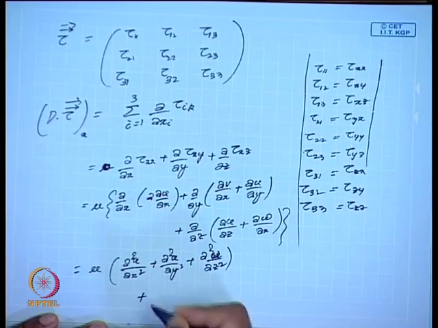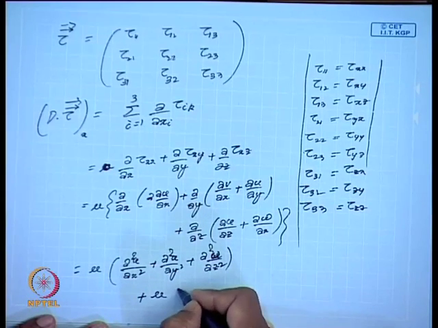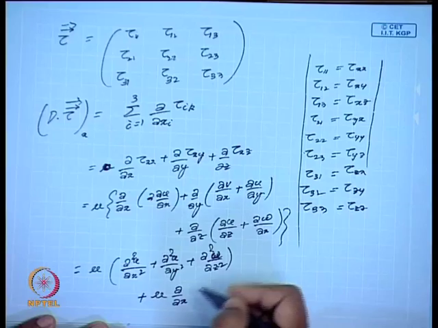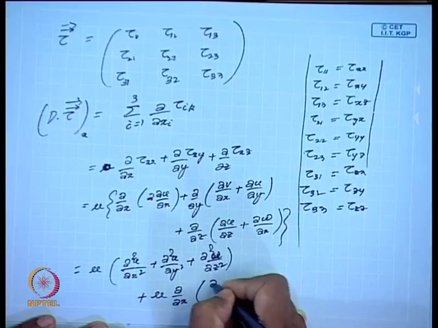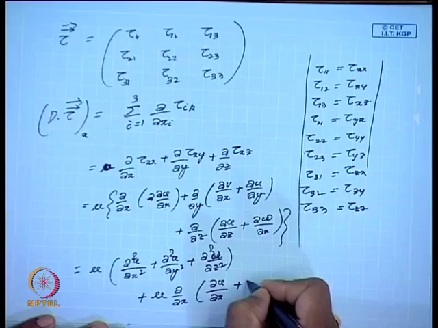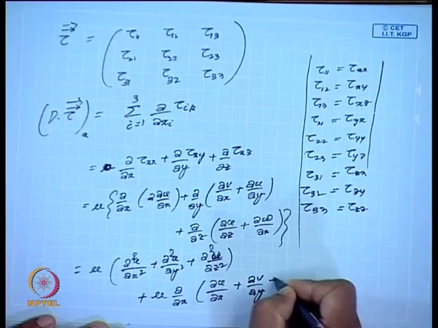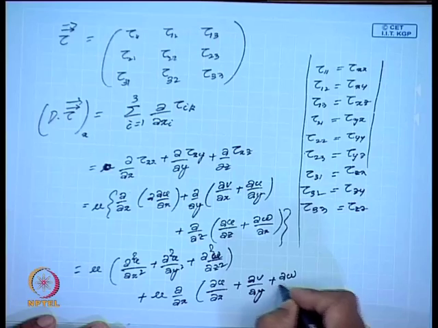Then I will have mu times del by del x of del u by del x plus del v by del y plus del w by del z.